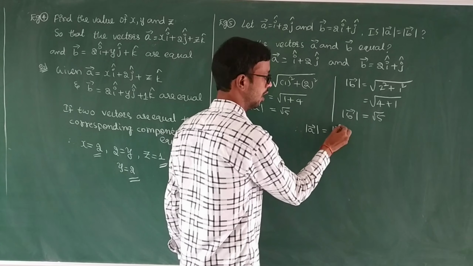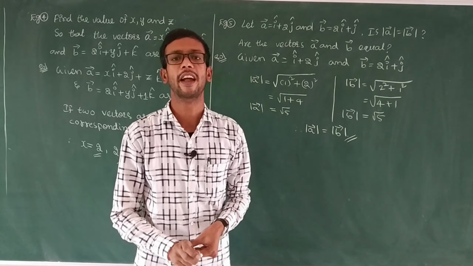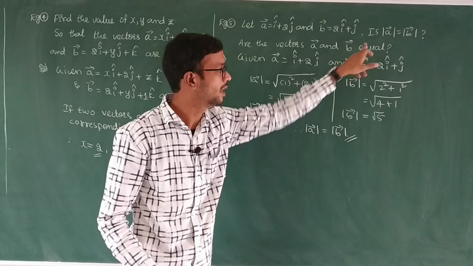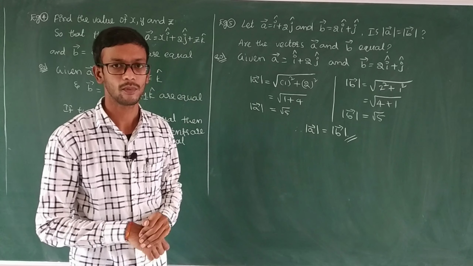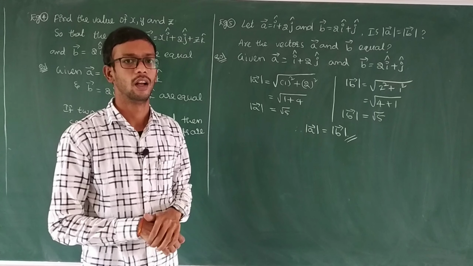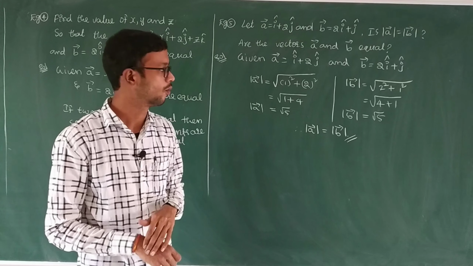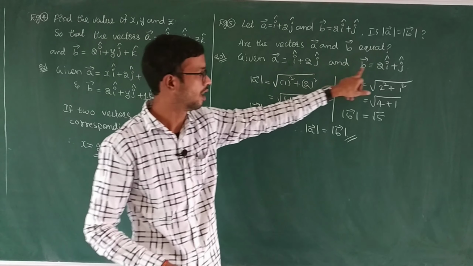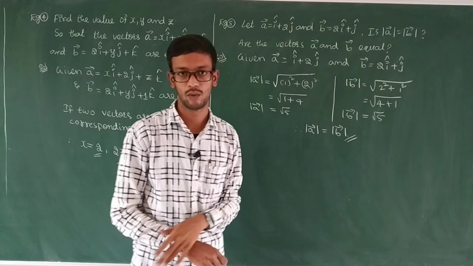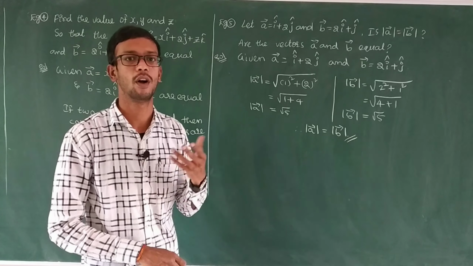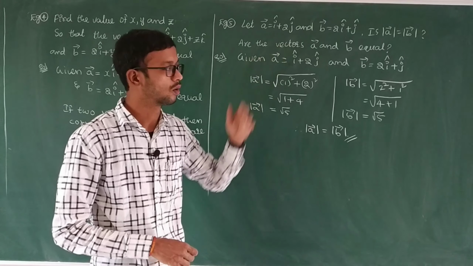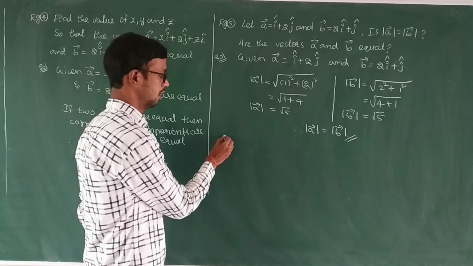First one completed here. Next one: are the vectors a bar and b bar equal? You have to check whether the vectors a bar and b bar are equal. You observe here the i cap coefficient is 1 and the i cap coefficient is 2. So the corresponding components are not equal, then the two vectors are not equal.